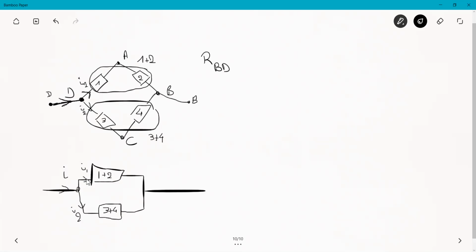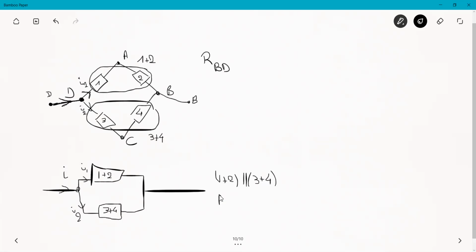You don't have the same current flowing through these two resistors, which means that this resistor is in parallel to this resistor. So at the end, the result is 1 plus 2 in parallel with 3 plus 4.